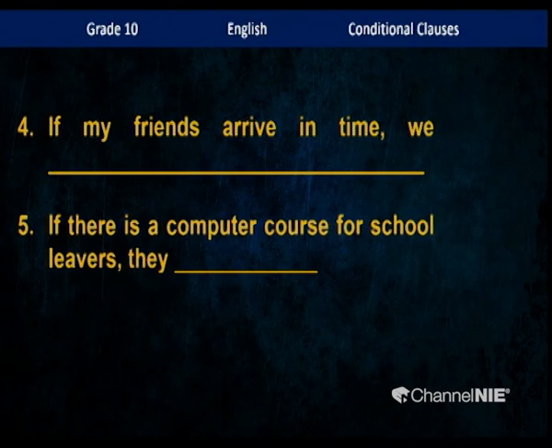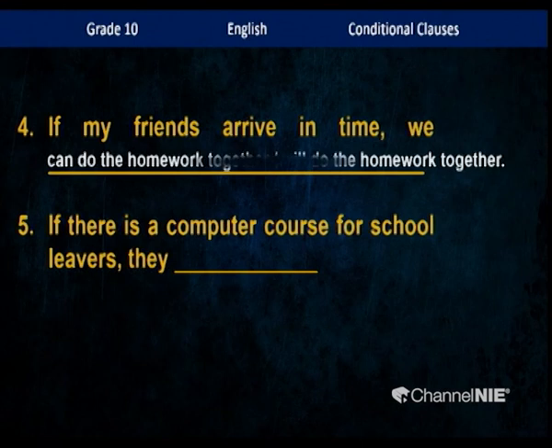What will happen if your friends arrive in time? We can do the homework together, or we can say we will do the homework together. All right. If your friends arrive in time, you can do homework together. Or you can say, without can, we can say will. So you can use any future modal there.